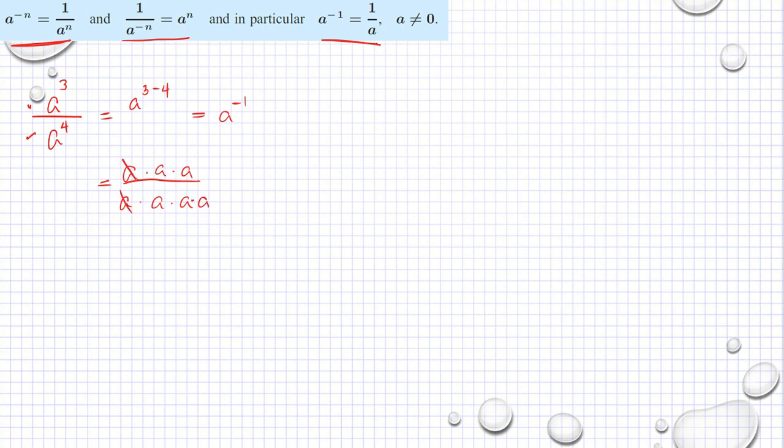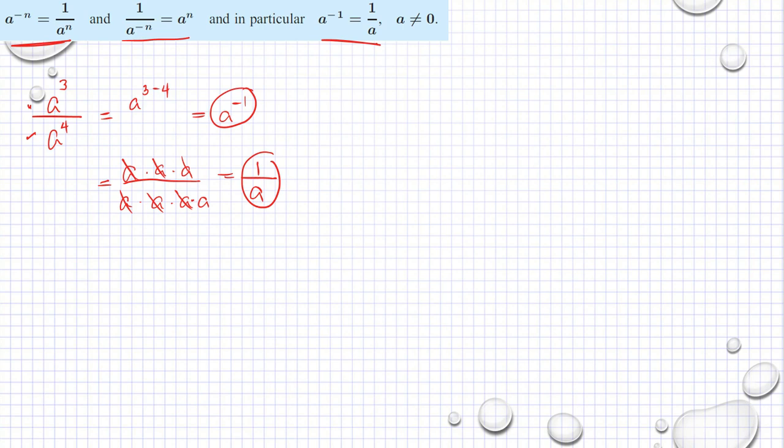So this will be 1, this will be 1, this will be 1. Then we have only 1 left in the numerator, and the denominator is a. So this one is equal to this one. If you have a negative exponent, it will go to the denominator, and the exponent will become positive.